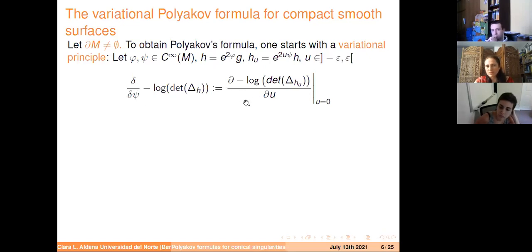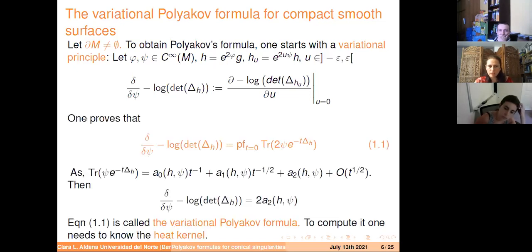And this is just differentiating this log of the determinants. So this is done by differentiating the spectral zeta functions associated to this operator h. And then we do several computations that in the compact smooth case are quite simple and very well justified. They don't have any problem.